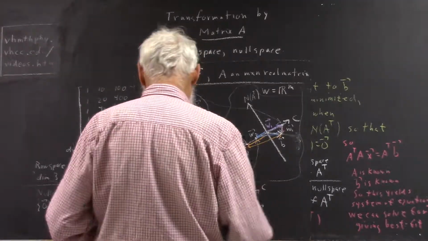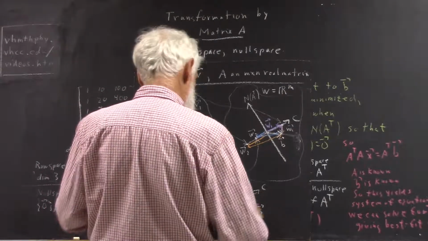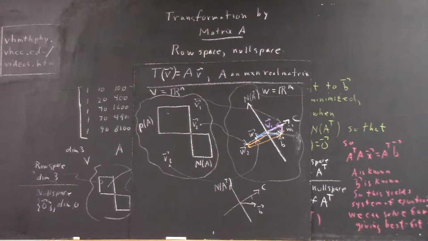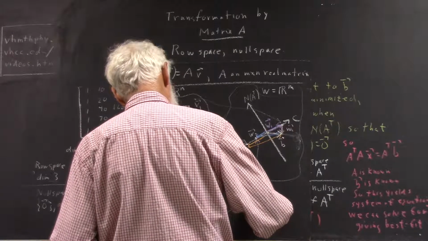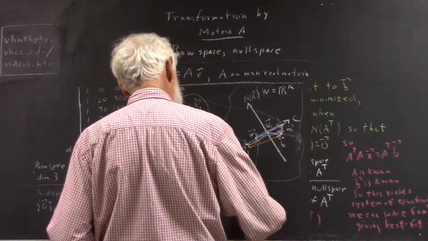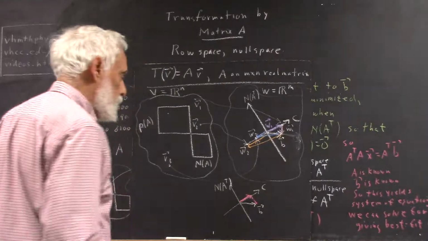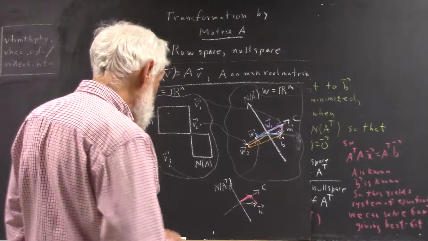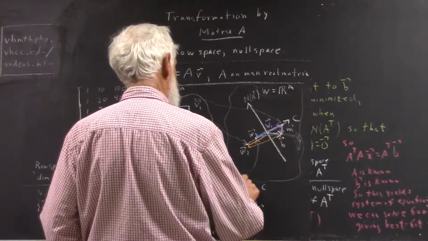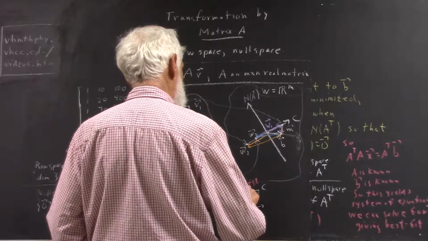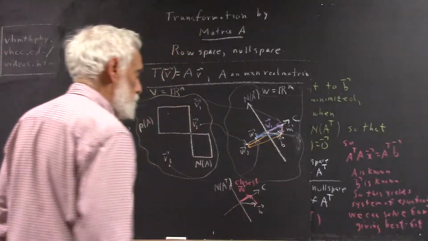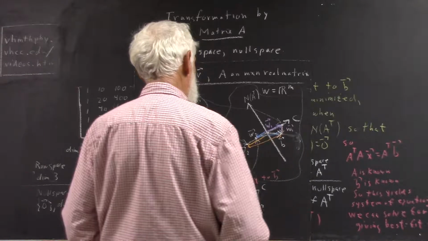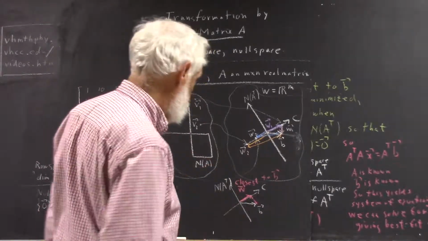In other words, the vector that we're looking for is the vector projection of B onto the column space. This is the W that's closest to B.